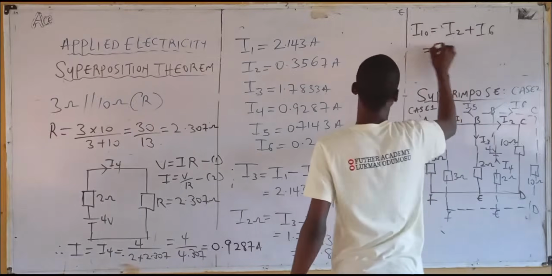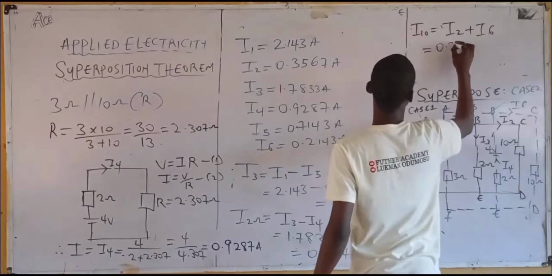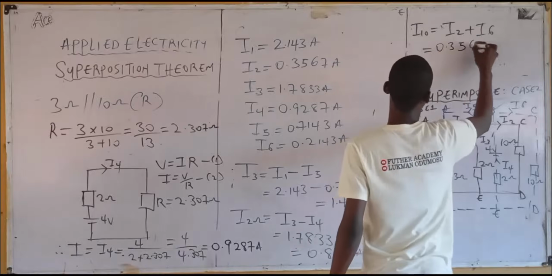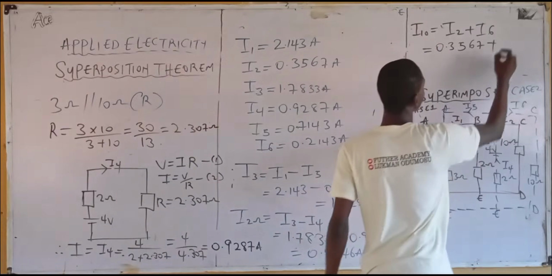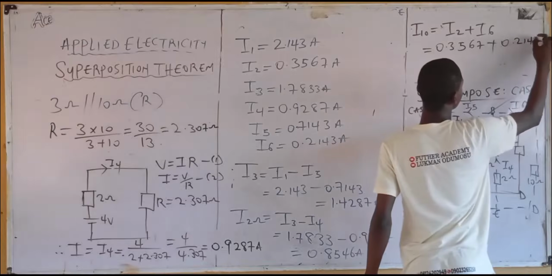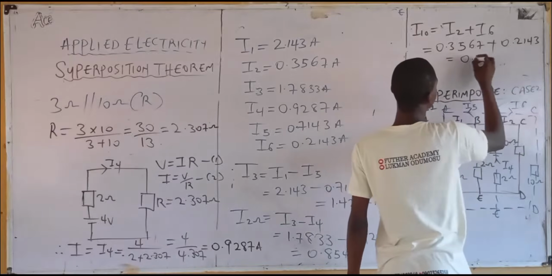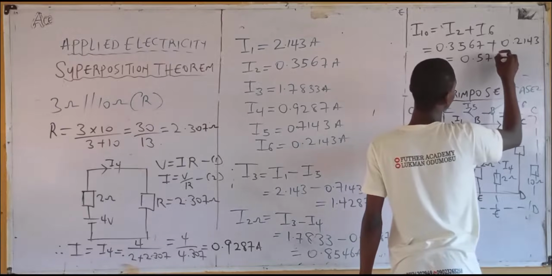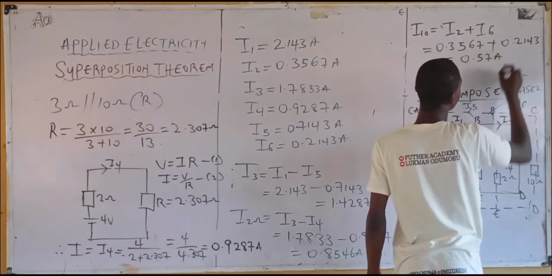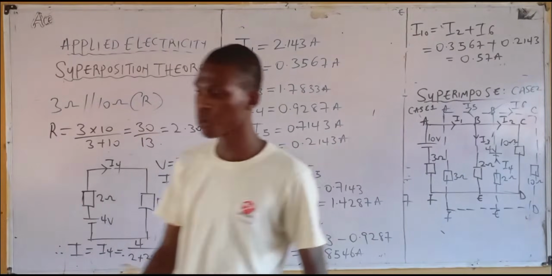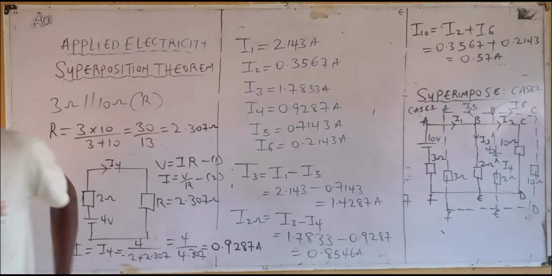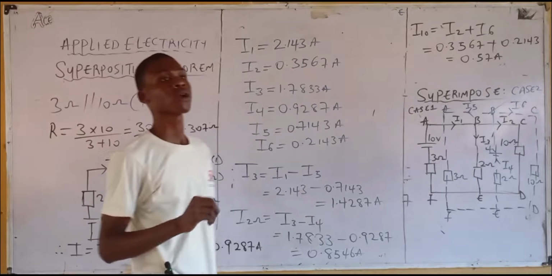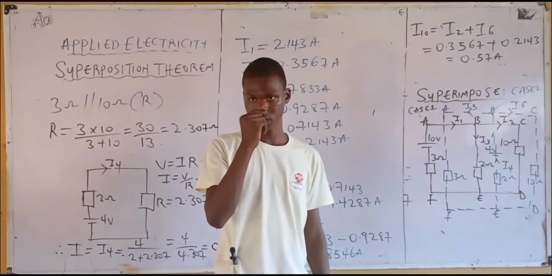Substitute. What do you have? 0.3567 plus 0.2143. This is 0.571 ampere. Now, I want you to take note of this.